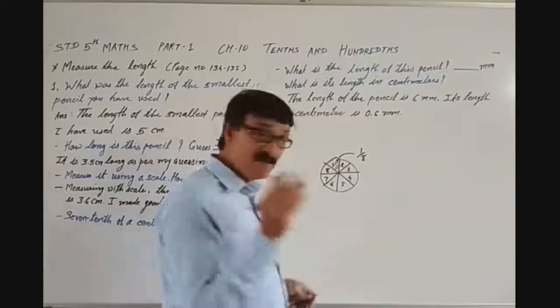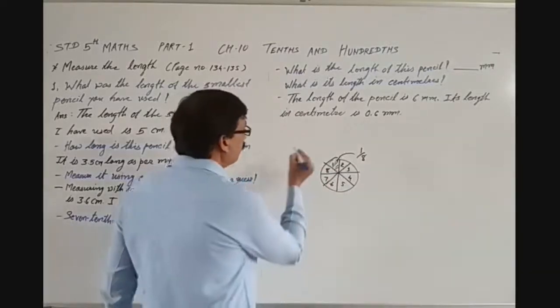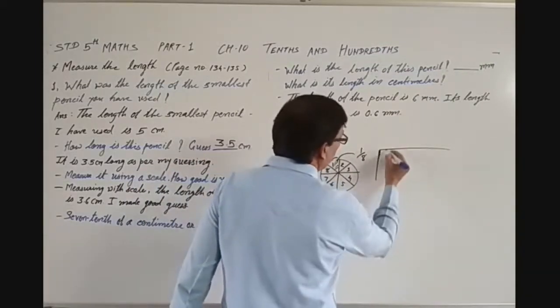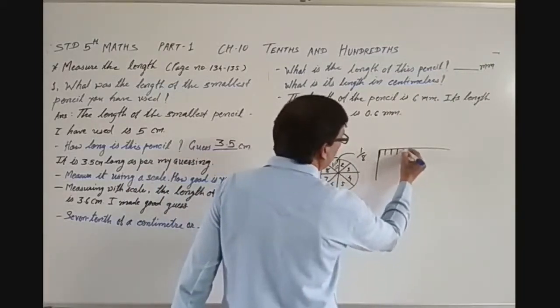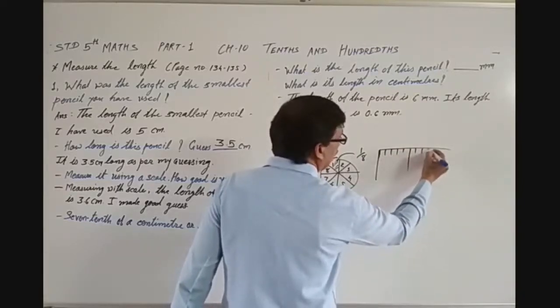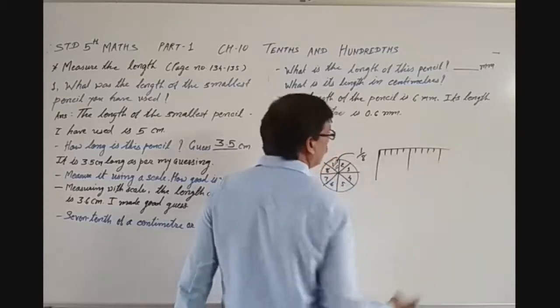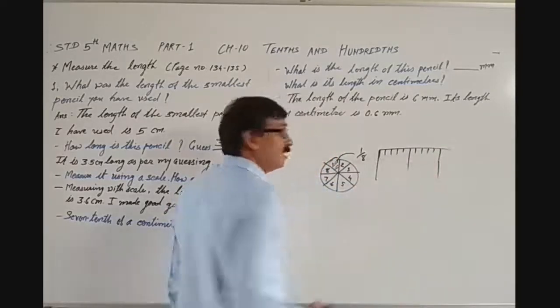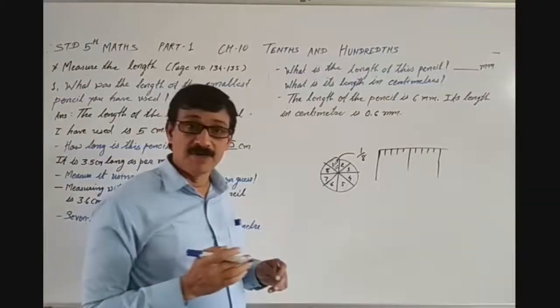Same way, now if we look on this scale, suppose this one 1 2 3 4 5 6 7 8 9 10. So you can see there are total 10 parts in between.